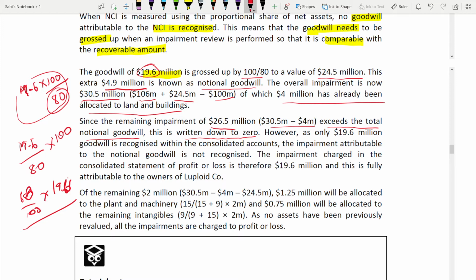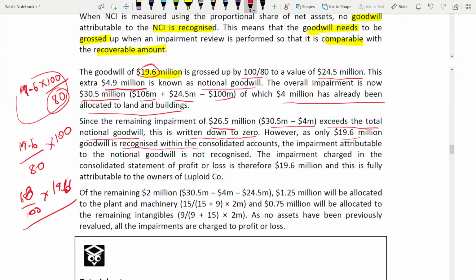However, as only 19.6 million goodwill is recognized within the consolidated accounts, make sure that you write it. Where is goodwill recognized? Consolidated accounts. Only 19.6 million is recognized. So the impairment attributable to the notional goodwill is not recognized. Notional goodwill means that extra 4.9.